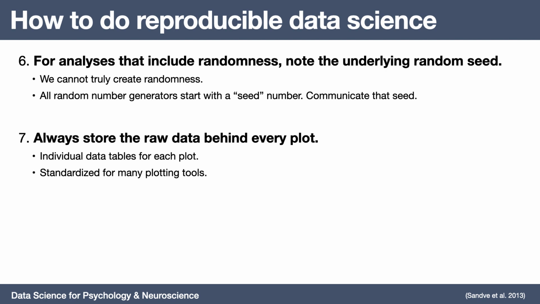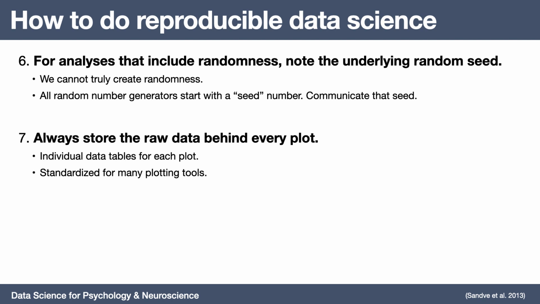Next, always store the raw data behind every plot. Every plot is going to be generated from a particular data table, particularly a summary of observations of variables. And you're going to use that subset of your data or processed metadata to generate a plot, a scatter plot, a heat map. Be able to store that.